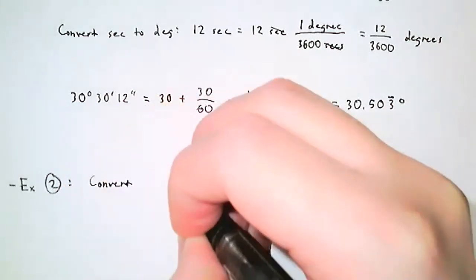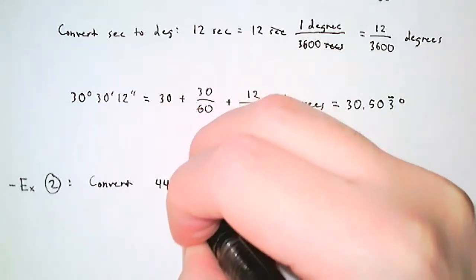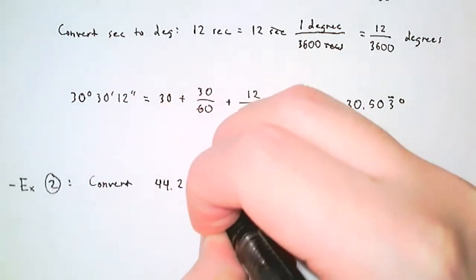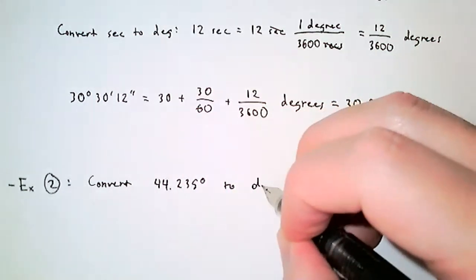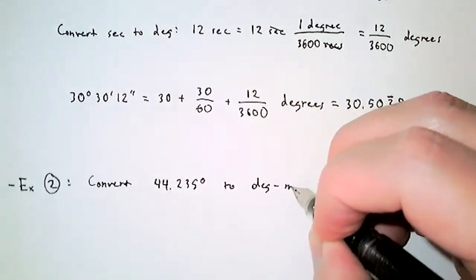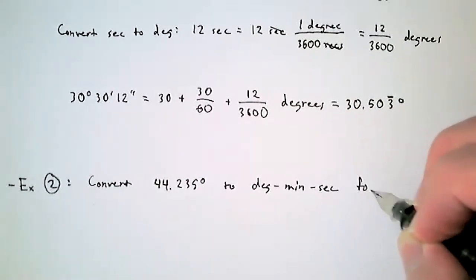We'll convert this number 44.235 degrees to degree, minute, second format.